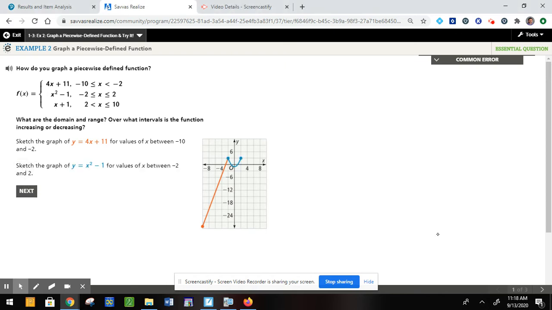X squared minus 1 is for the values between -2 and 2. That parabola is only for between -2 and 2. And then x plus 1 goes from 2 out to 10.